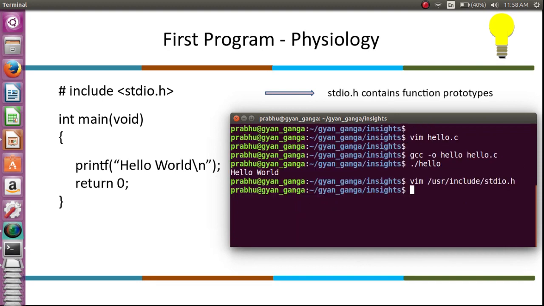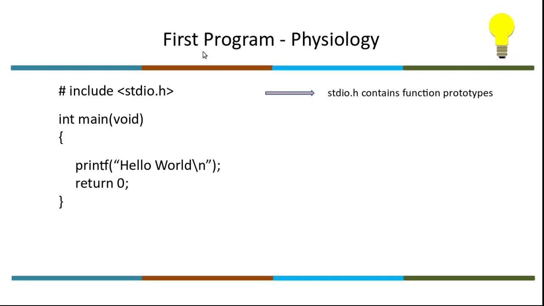So next thing, why main? Main is not the first function to be invoked. That means there is some other function which is executed first, which will then invoke main.